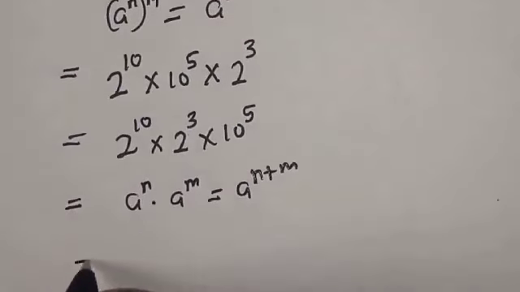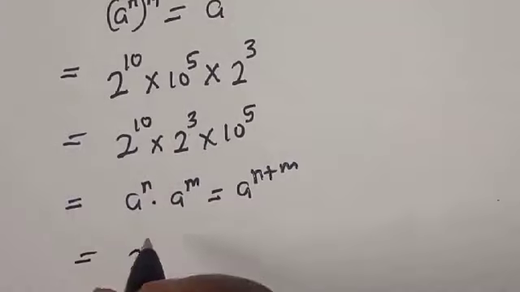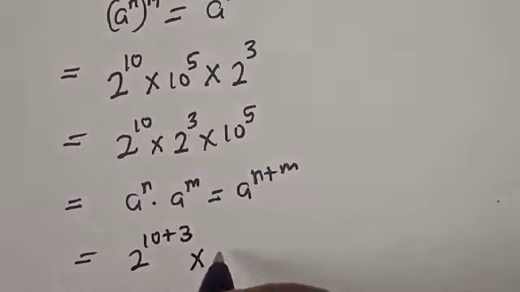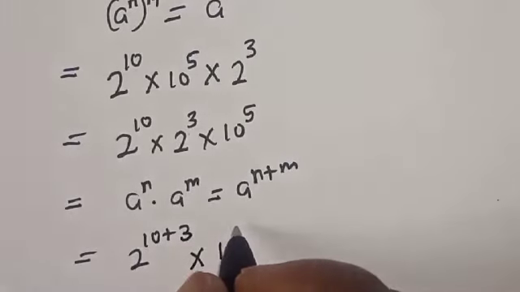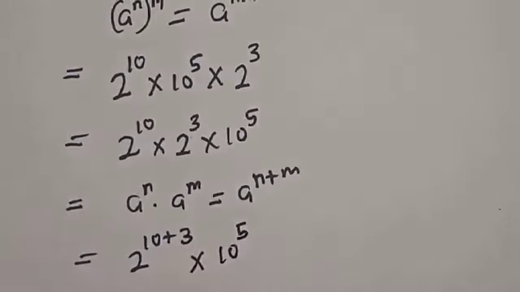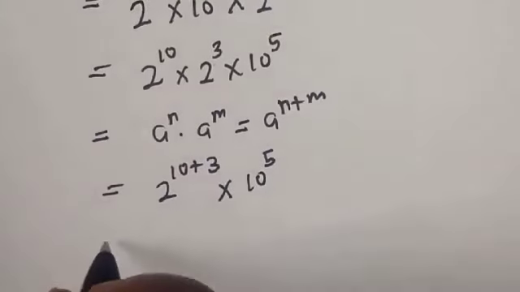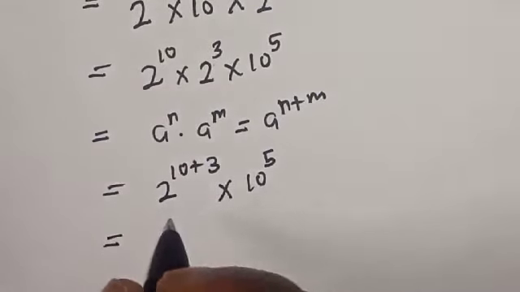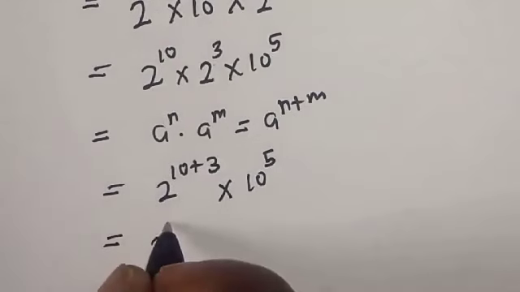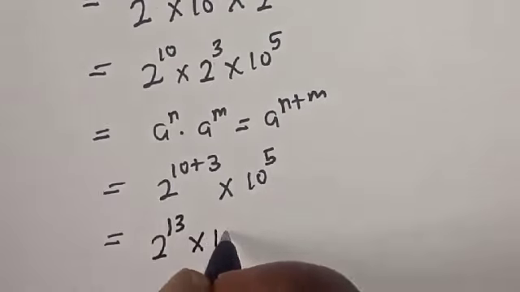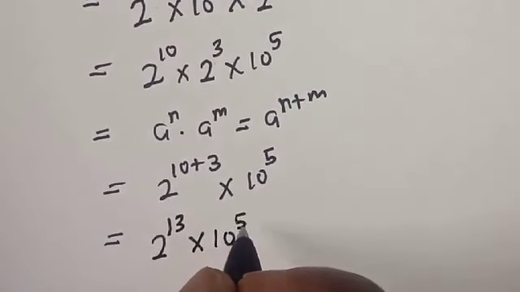And so we have 2 to the power of 10 plus 3 multiplied by 10 to the power of 5. And this is equal to 10 plus 3, that is 13, 2 raised to power 13 multiplied by 10 raised to power 5.